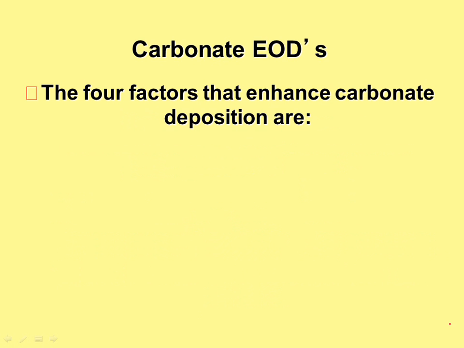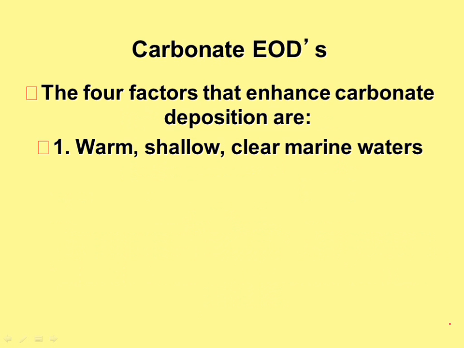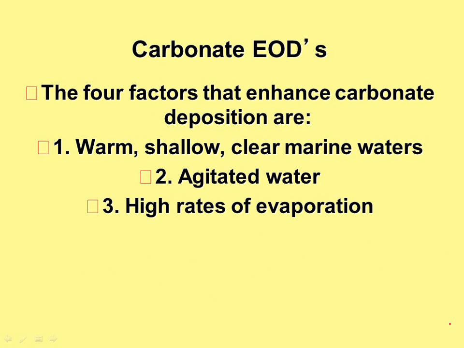So if we look at the various environmental factors that affect carbonate deposition, they tend to form in warm, shallow, clear marine waters. So when you go on your vacation in the Caribbean, those nice waters are often the sites of carbonate deposition. Agitated water is important.